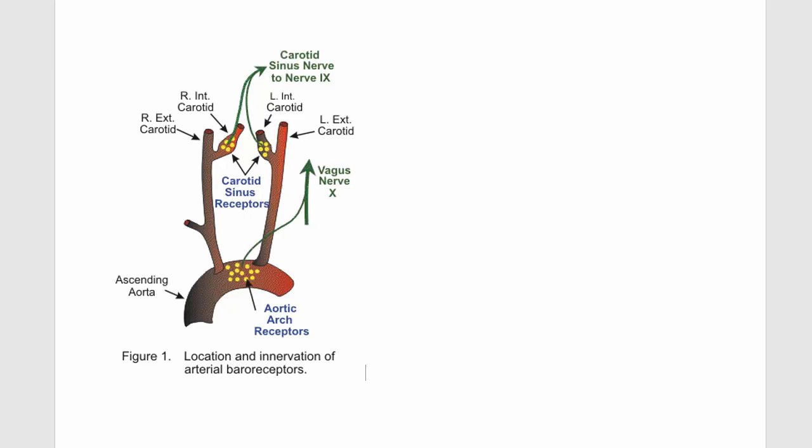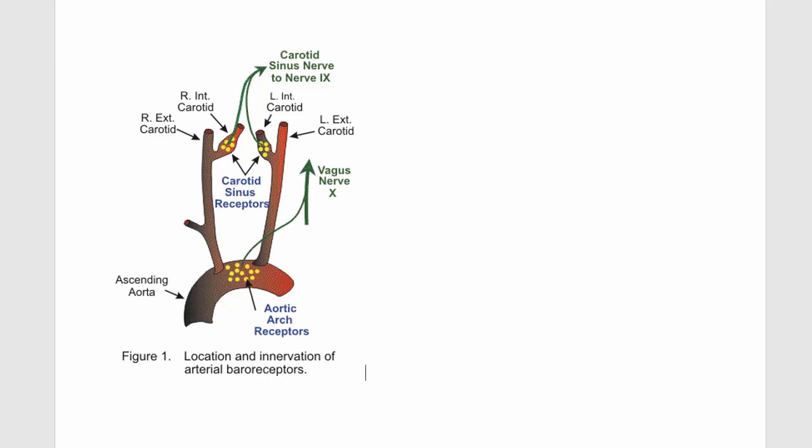If this response is weakened, whether from the signals not being as strong or the stretch response not picking up as much, your body isn't raising your blood pressure when you need it to. This results in orthostatic hypotension, a drop in blood pressure.